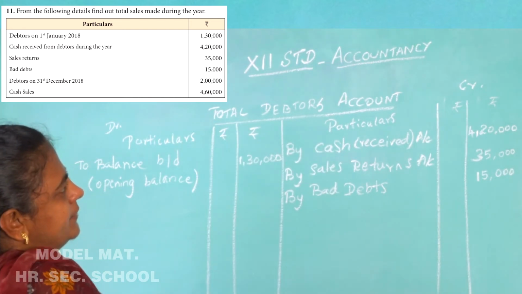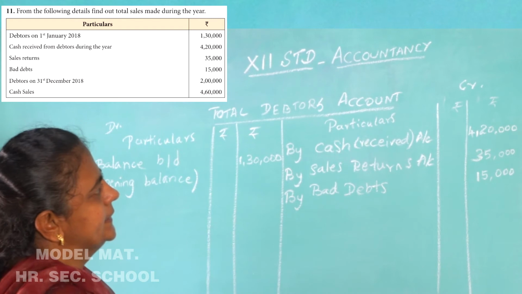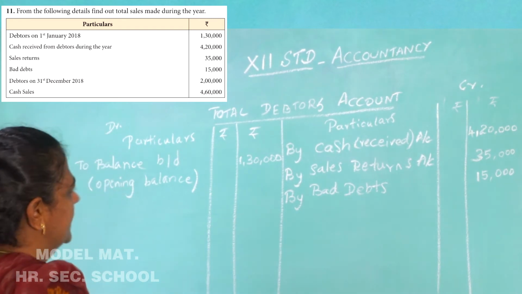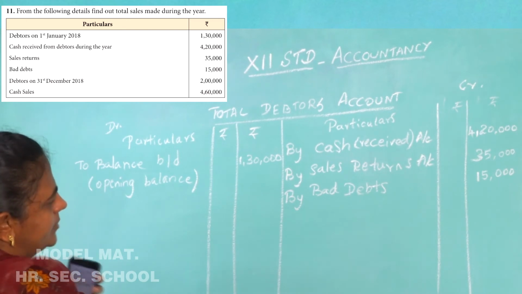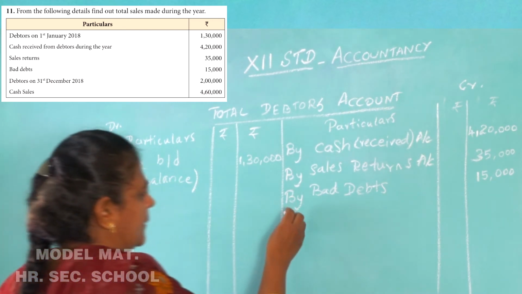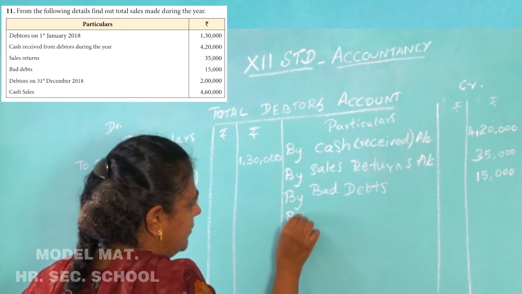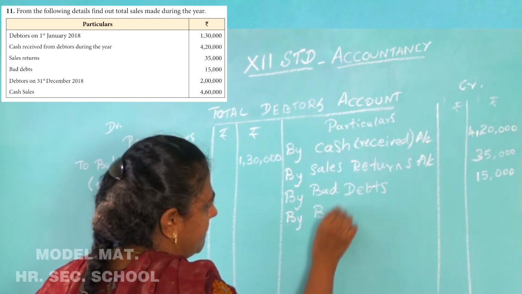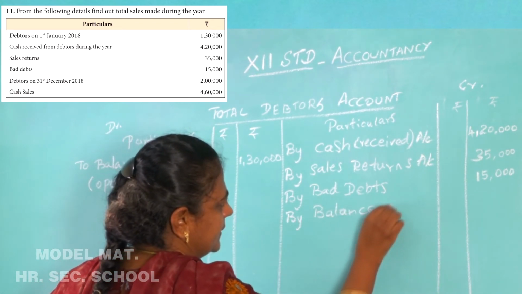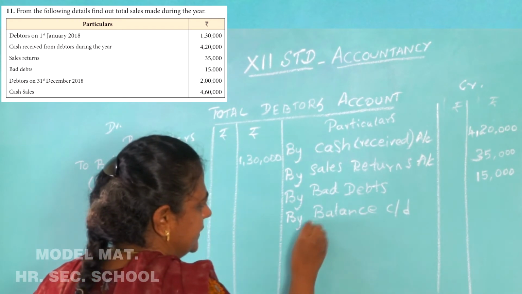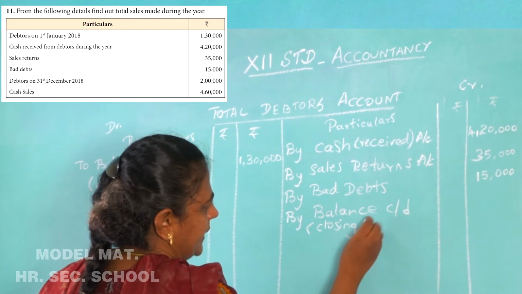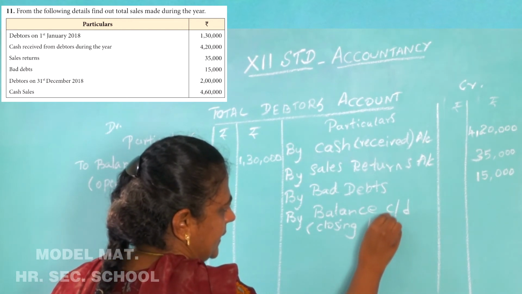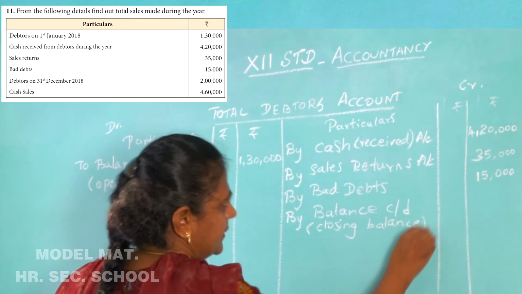Debtors on 31st December 2018, that is closing debtors. Opening balance is on the debit side, closing balance will be on the credit side. So here you write by balance carried down, that is closing debtors or closing balance. It is 2 lakh.